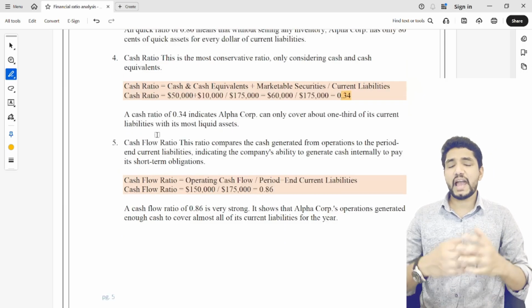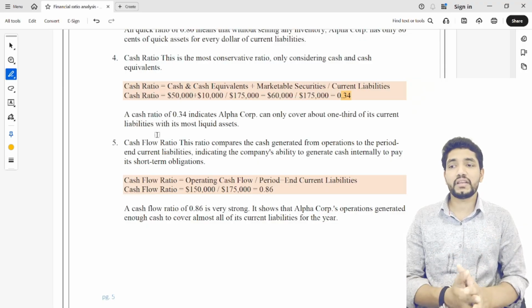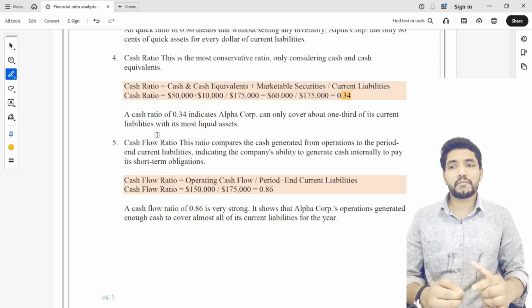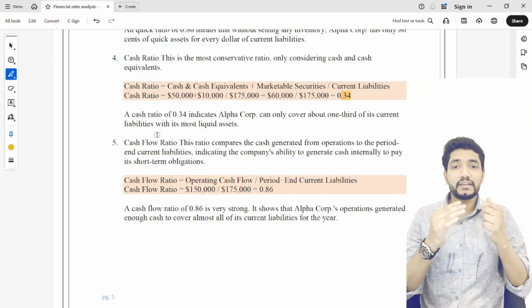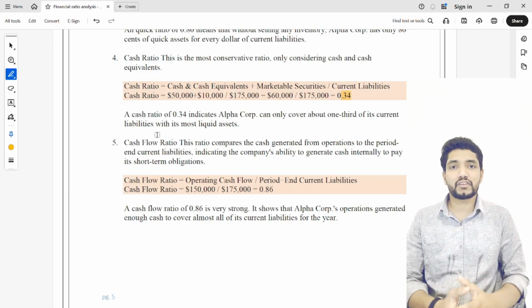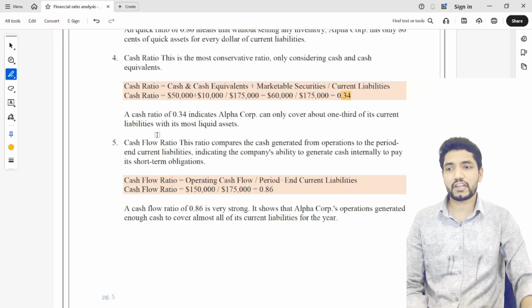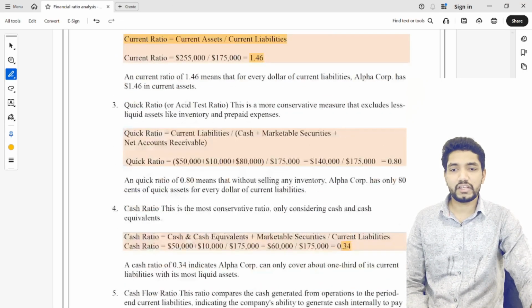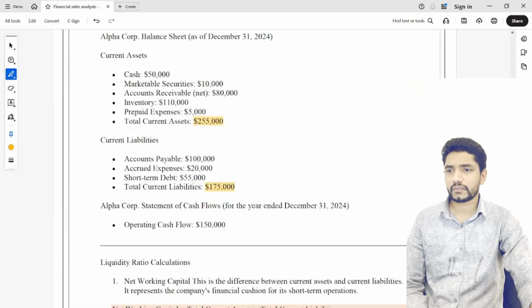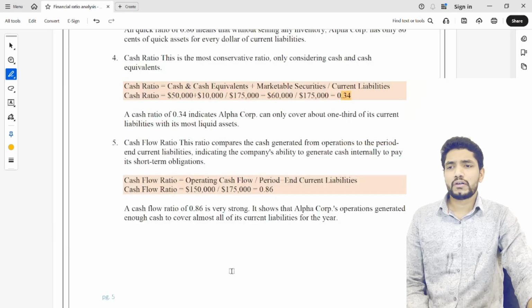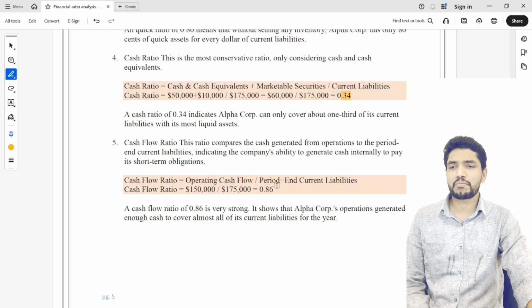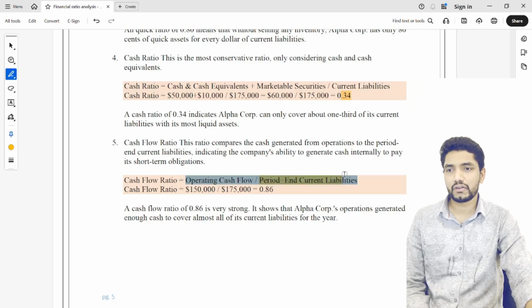The next ratio is cash flow ratio. Cash flow ratio means we are comparing the company's ability to set off its current liabilities by using only its operating cash flow. In this case, you can see the operating cash flow is 150,000. So here the formula is operating cash flow divided by period-end current liabilities. This is the formula for cash flow ratio.